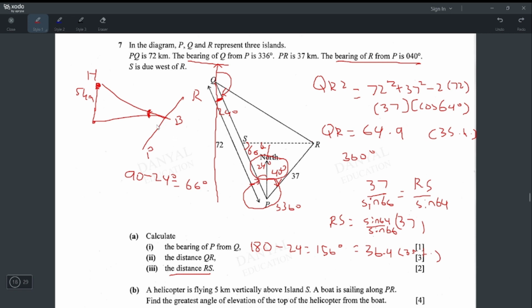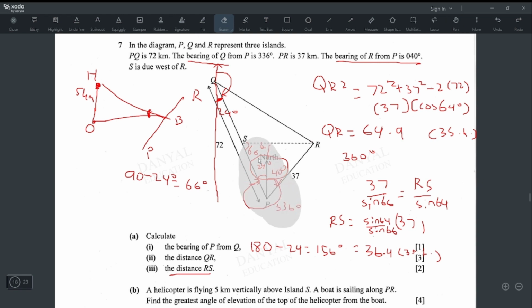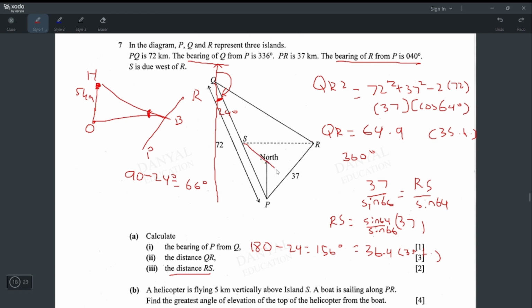So how do we find the shortest possible HP? Well, the answer is that in order for HP to be the shortest, this line right here, OB, must be perpendicular to PR. So firstly, I'm just going to erase some stuff over here. We want to find the line such that this is perpendicular.